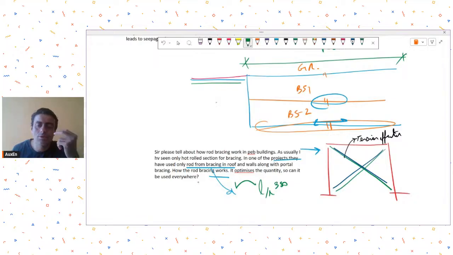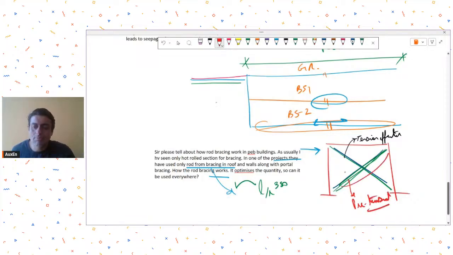What you see in PEB structures, they will only provide a bar, but you must understand that bar is usually pre-tensioned. It's not sagging, it's a pre-tensioned tight bar, and they do not even follow the L by R 350 requirement. They will pre-tension it, and that is what they say will resist the lateral loads.